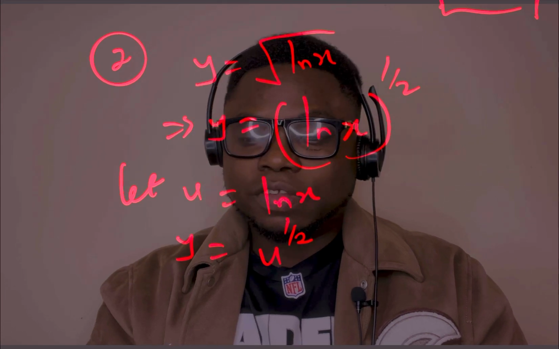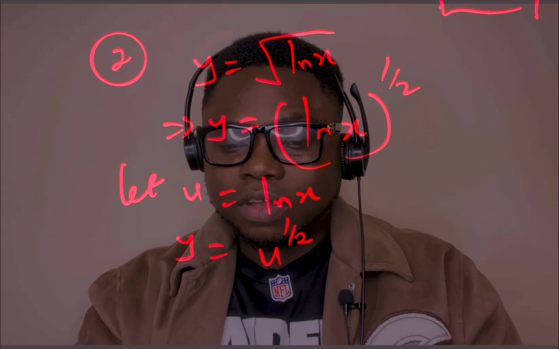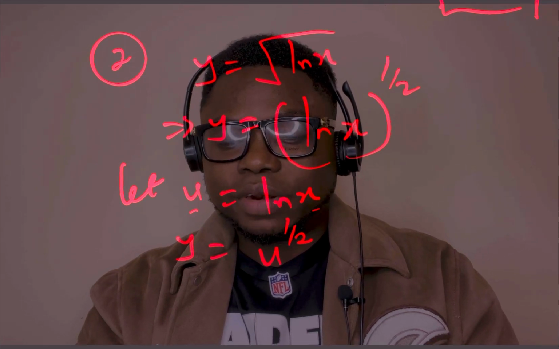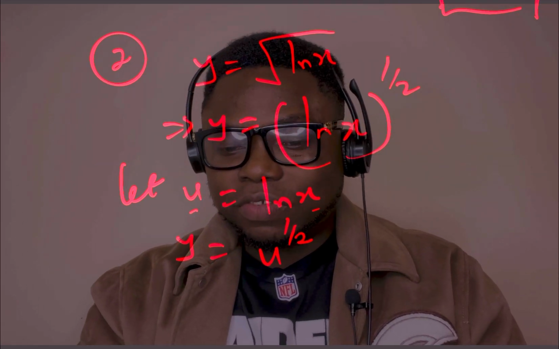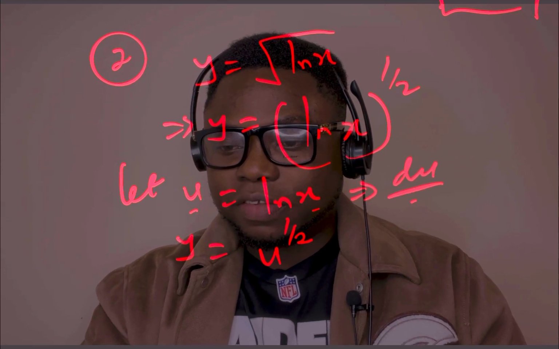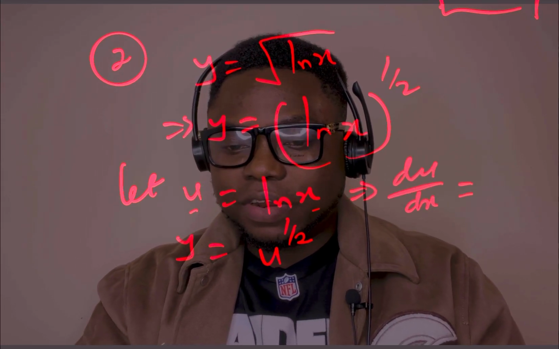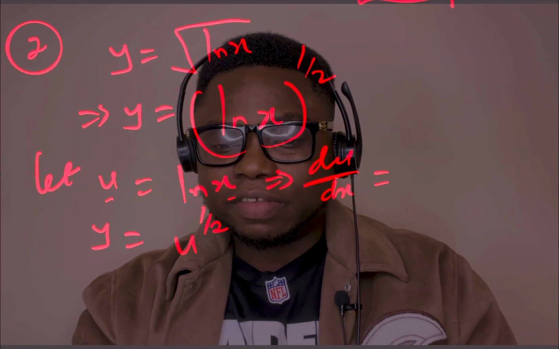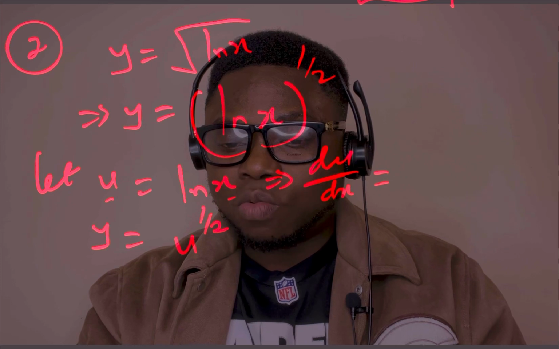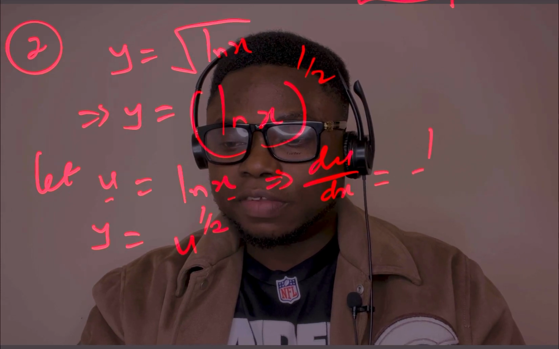Okay, that is what it is. In this case, I'm going to differentiate u with respect to x and differentiate y with respect to u. So doing so, du over dx is going to give me, remember that this is ln x, and if I differentiate ln x, I'm going to have 1 over x.